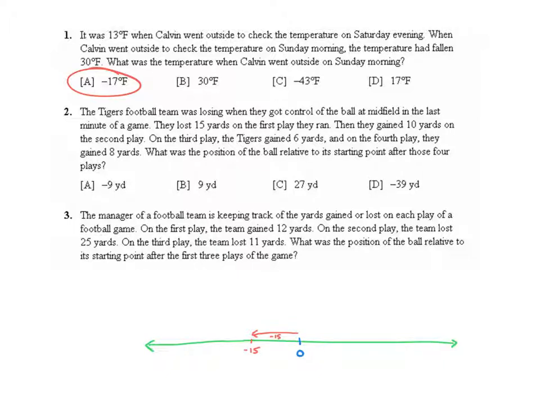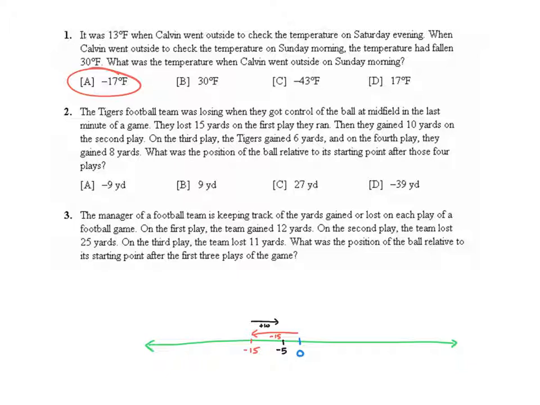And then on the second play, we gained 10 yards. So we're going back towards the positive direction, and this time we went up 10. So if we were at negative 15 yards and we gained 10 yards, we're now back to only negative 5 yards from where we began.